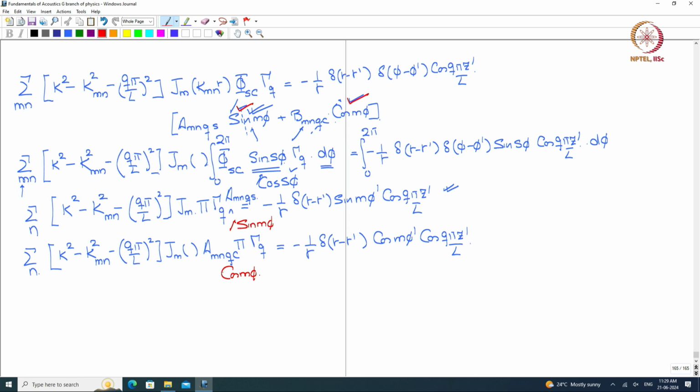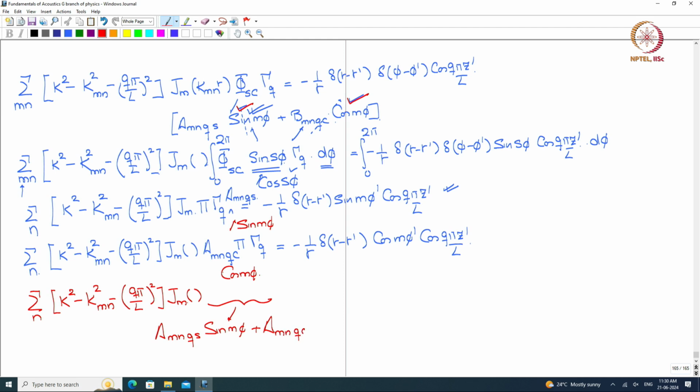So what we will get is summation n, k square minus k square mn minus q pi by L whole squared, Jm, and here I will have this term a mnq s sin m phi plus a mnq c cos m phi, which is essentially phi SC, along with pi and gamma q.